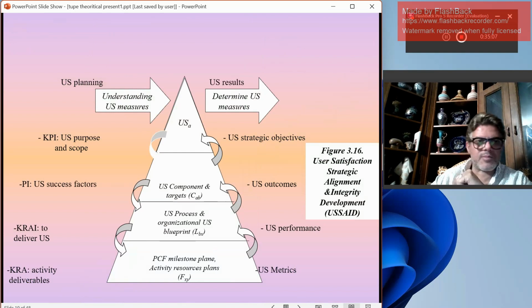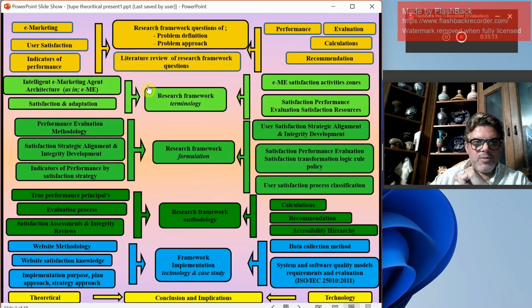Okay, so user satisfaction planning. Let's go back so you can know. So I started here, performance evaluation methodology, strategic satisfaction, strategic alignment, and integrity development. This one is for the whole satisfaction, but this one is just for the user satisfaction. So they are basically the same. This is the generic form. This is more a specific perspective of the user.